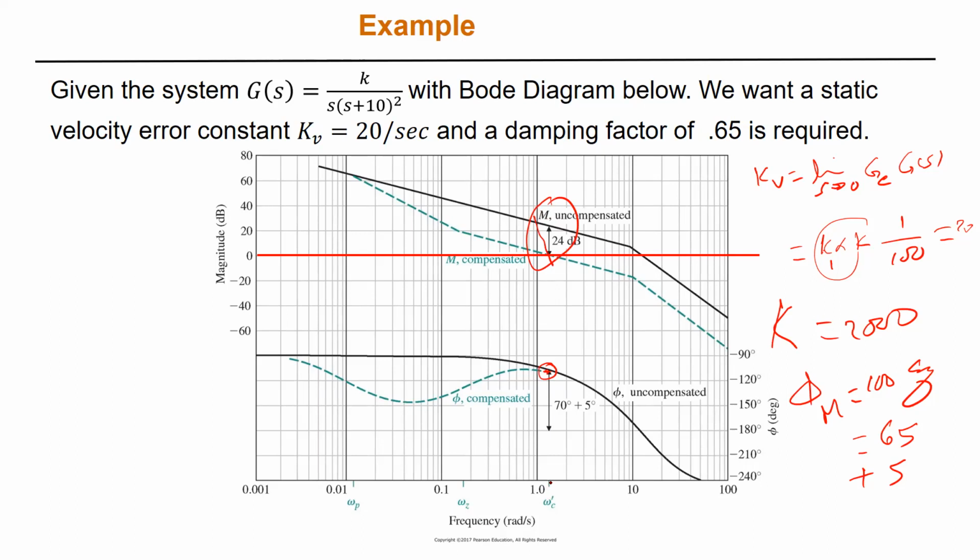Around 1.5. Okay. So basically, I will have my new crossover frequency equal to 1.5. So where do I position my 0?